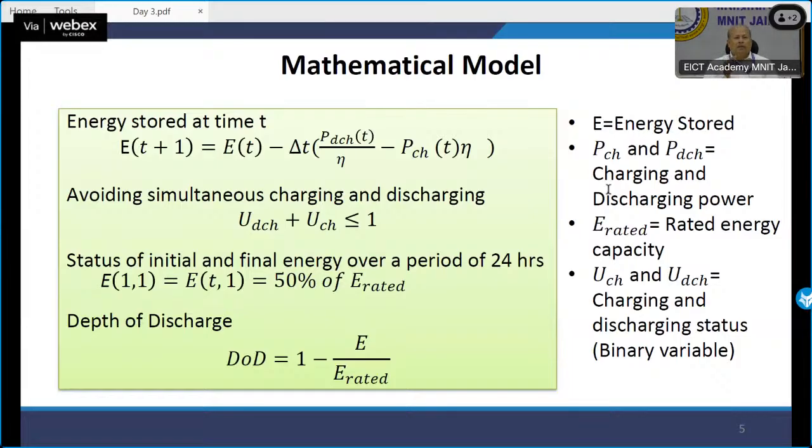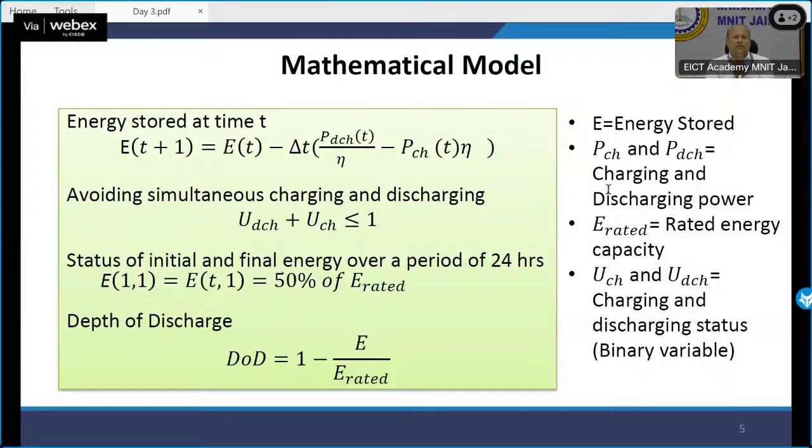Plus delta t PCH t multiplied by eta. The same thing, I mean, just open this minus sign, the minus delta t you take into the bracket. So you'll have the discharge cycle, which is represented as negative, and the charging has been represented as positive.